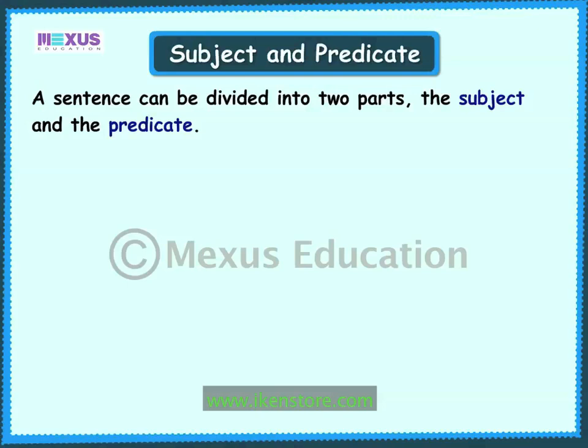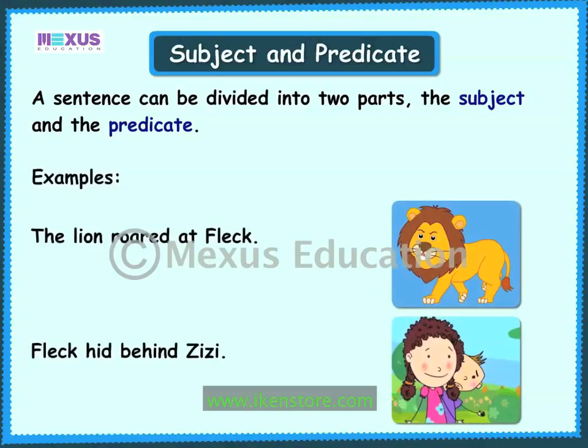We can explain this better with the help of the previous examples. The first sentence talks about the lion and what it did. So, the lion is the subject in this sentence. The part roared at Fleck tells us something about what the lion did. This part contains the verb roared.